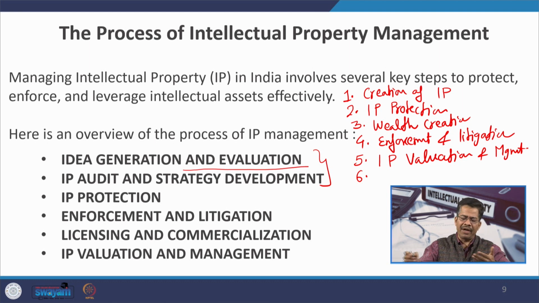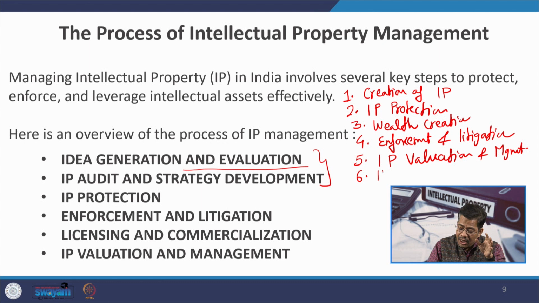For example, if I am a company in the communication field, and if I am still holding some IP in the field of 3G communication, no need to hold those, because now we are already using 5G and we are slowly going to have 6G also. So, why keep those patents which are only for 3G technologies? So, I will abandon, I will not keep those IP.